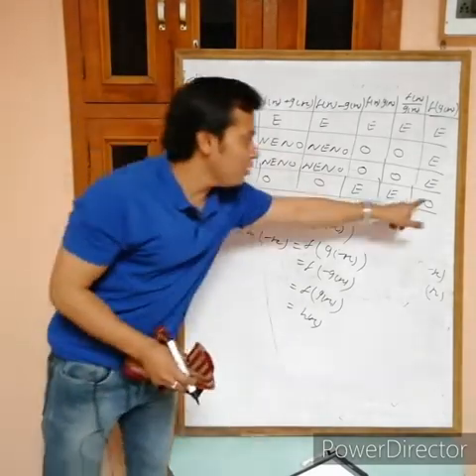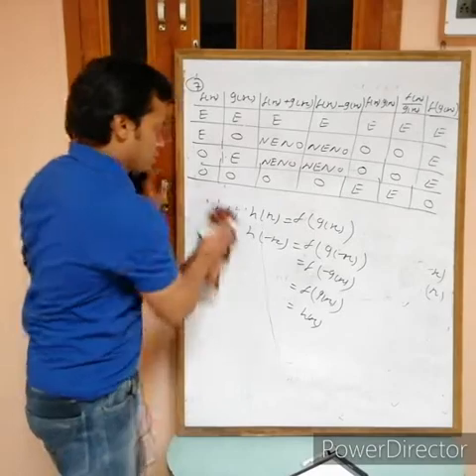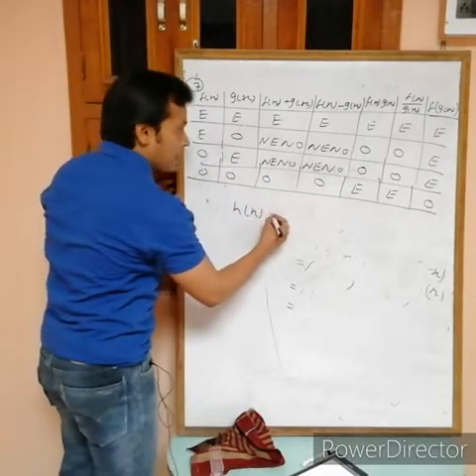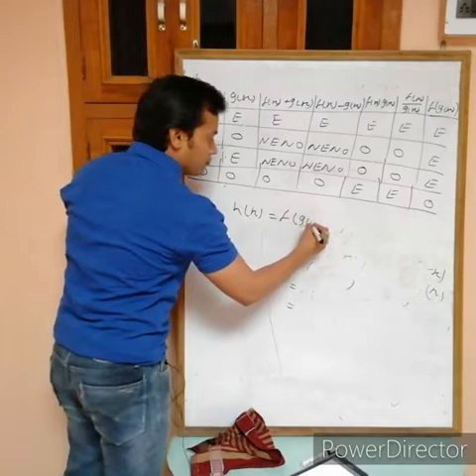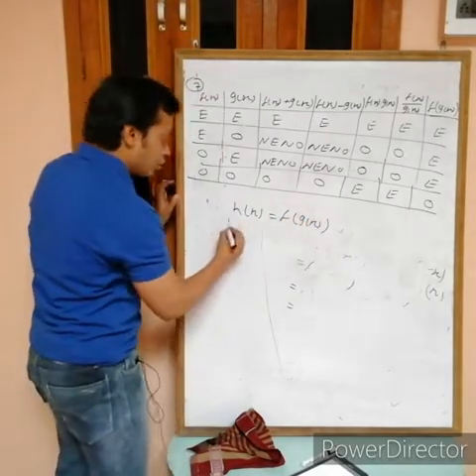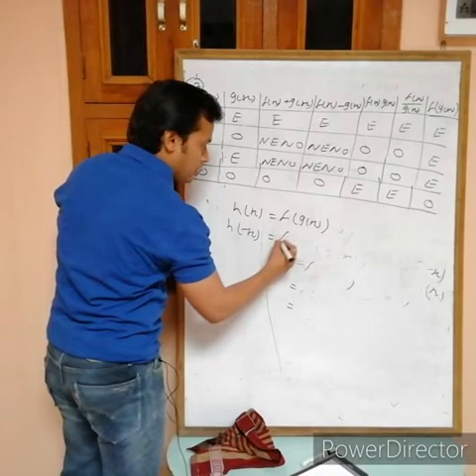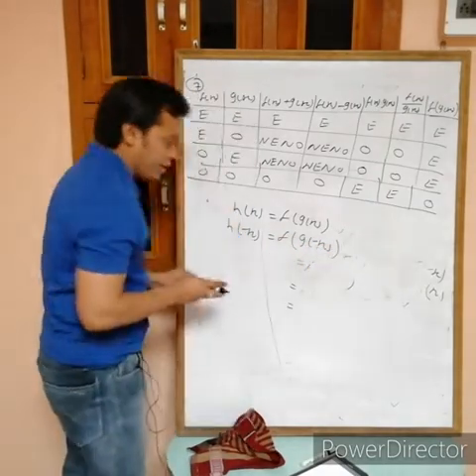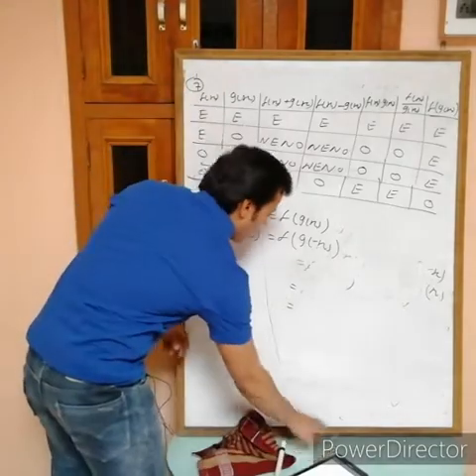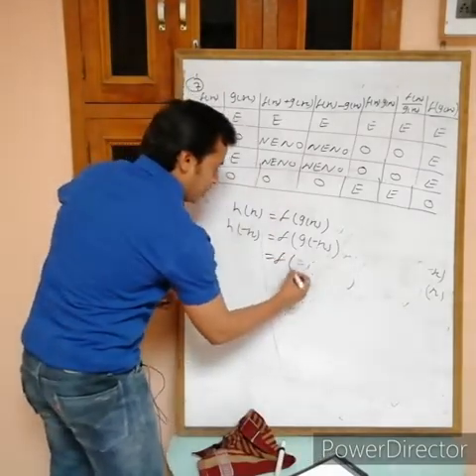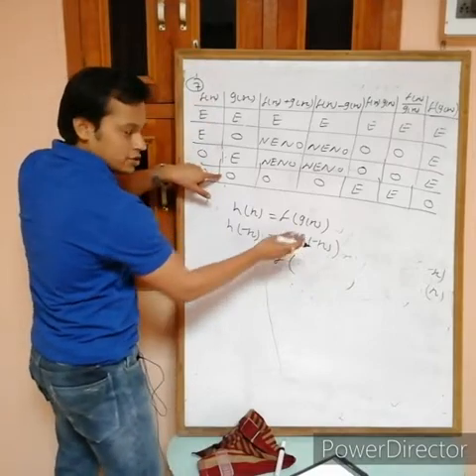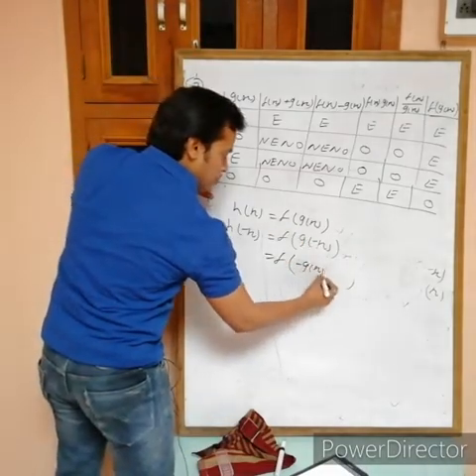Okay, if you want proof in this case, then see. Again, I am assuming this one as h(x) equals to f of g(x). Okay, now h of minus x equals to f of g of minus x. Now see, I want this one in terms of f of g(x). g is odd function, so minus outside, minus of g(x).